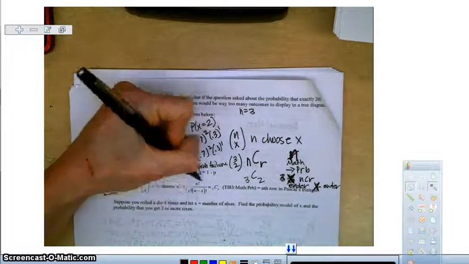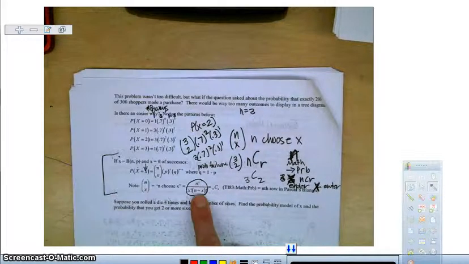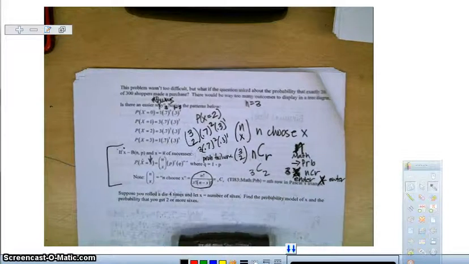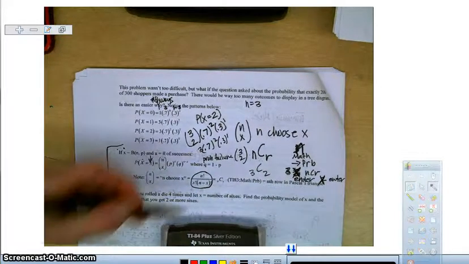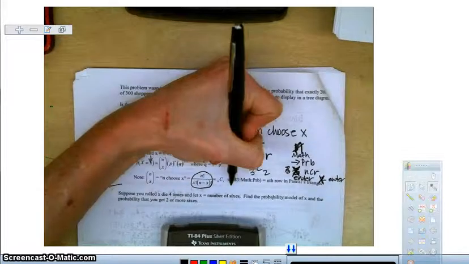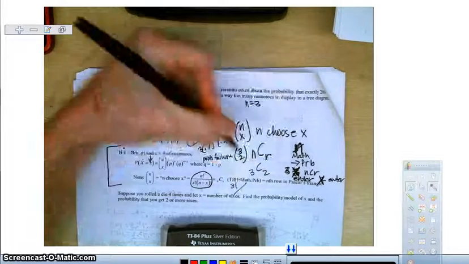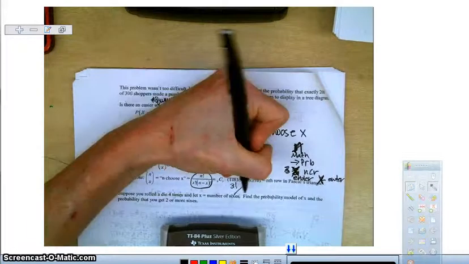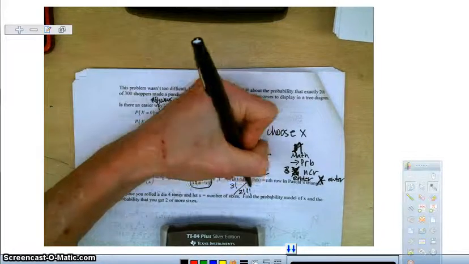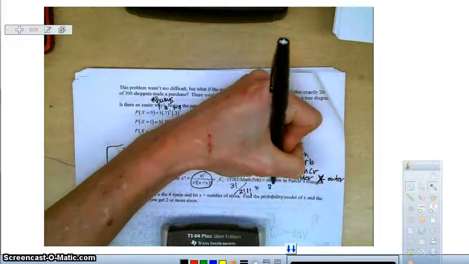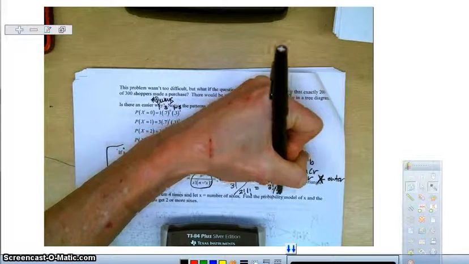You don't really need to know how to do this on the calculator. You can do this using factorials. So if you want to know another way to calculate n choose x, if you don't want to use the nCr button, n is 3, so that would be 3 factorial divided by x factorial, which is 2 factorial, times n minus x, which is 1 factorial. Well, 1 factorial is just 1. So really I'm taking 3 factorial divided by 2 factorial.